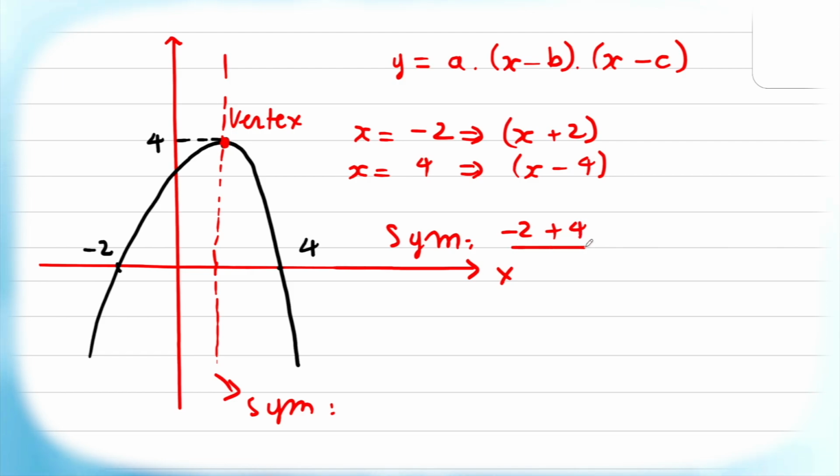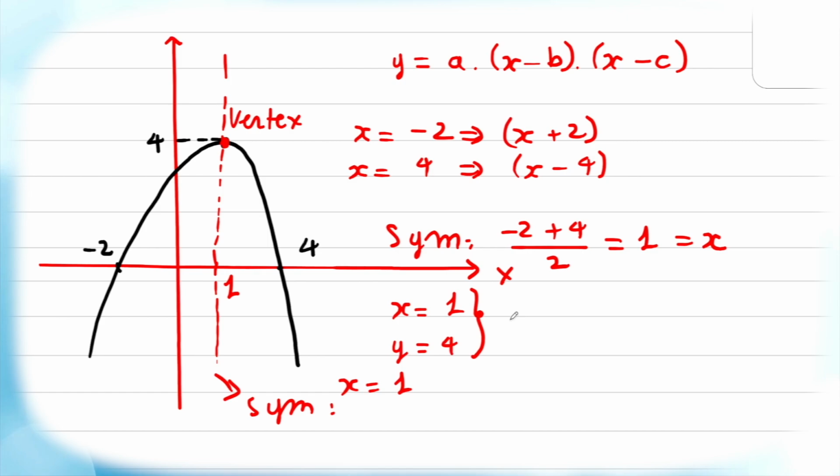Minus 2 plus 4 divided by 2, you get 1 equal to x, so the symmetrical line will be x equal to 1. So the vertex here will have 1 for x and 4 for y: x equal to 1 and y equal to 4.